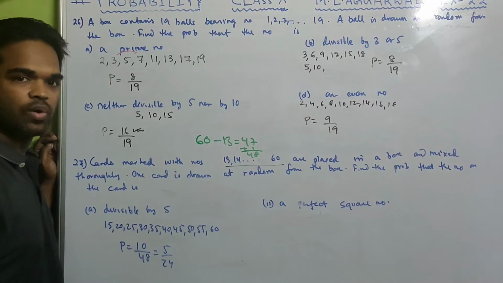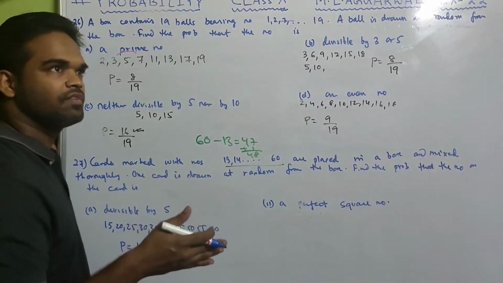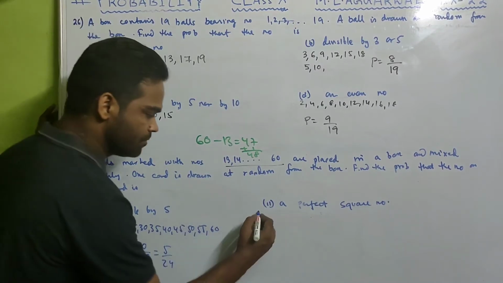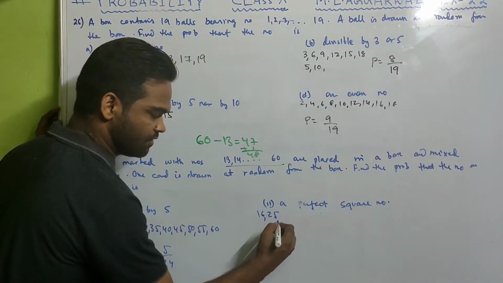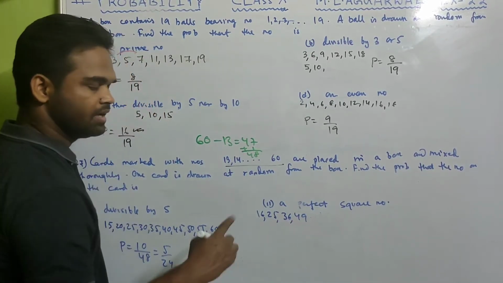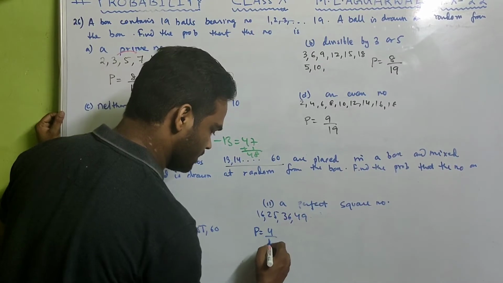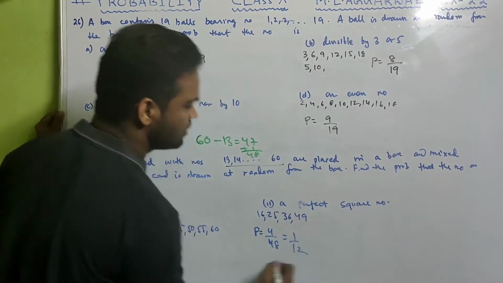A perfect square number. Now from 13 to 60, the first perfect square will be 4 fours are 16, 5 fives are 25, 6 sixes are 36, 7 sevens are 49, 8 eights are 64, not possible. So the probability will be 4 by 48, that's 1 by 12.